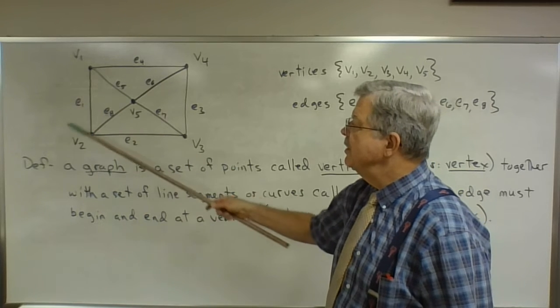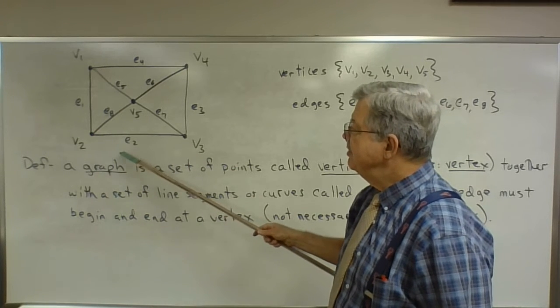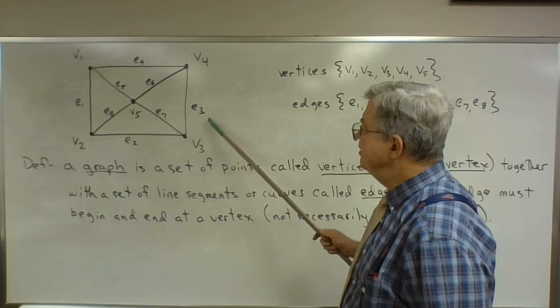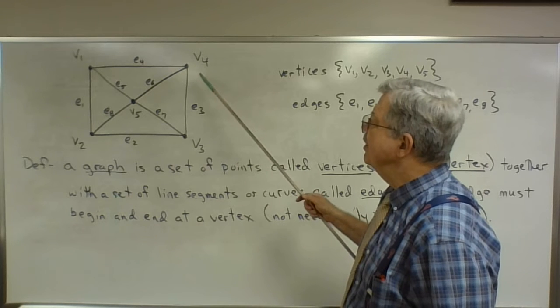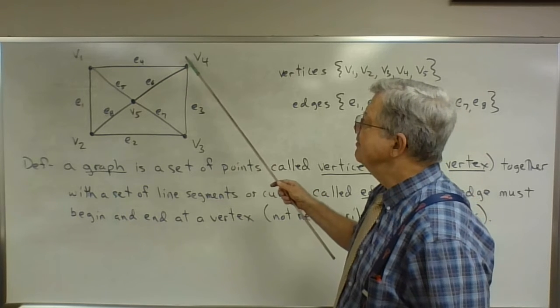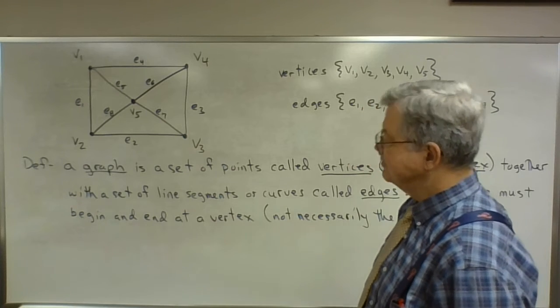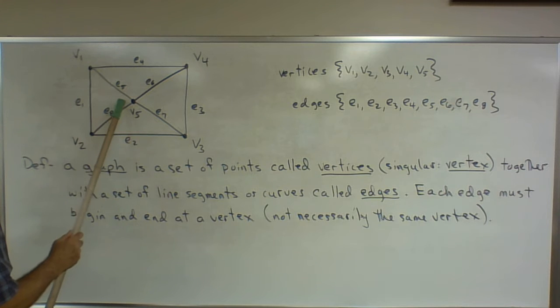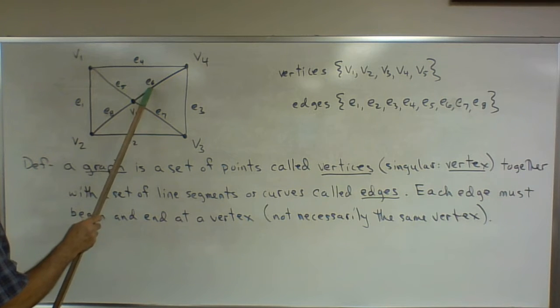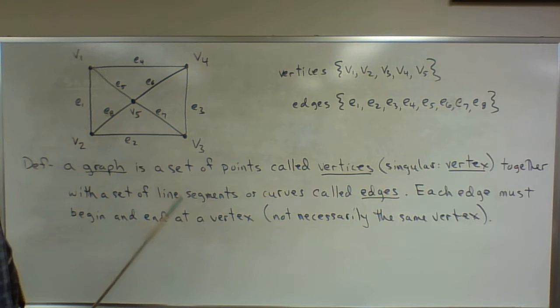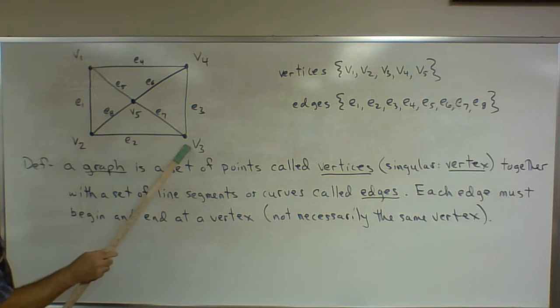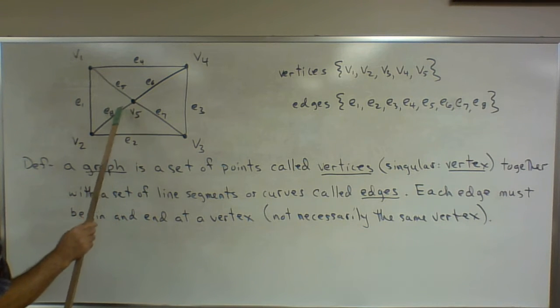E1 goes from V1 to V2, E2 goes from V2 to V3, E3 goes from V3 to V4, E4 goes from V4 back to V1, edge E5 goes from V1 to V5, edge E6 goes from V5 to V4, edge E7 goes from V5 to V3, and edge E8 goes from V5 to V2.